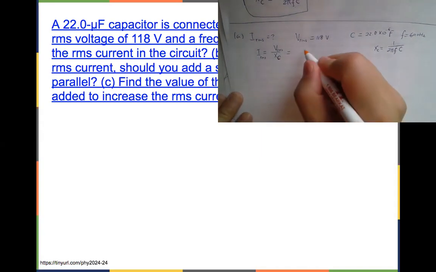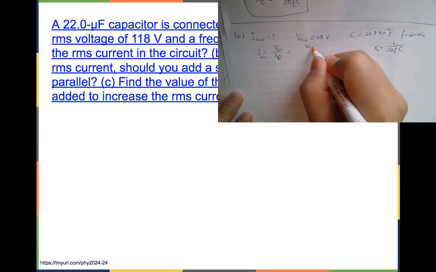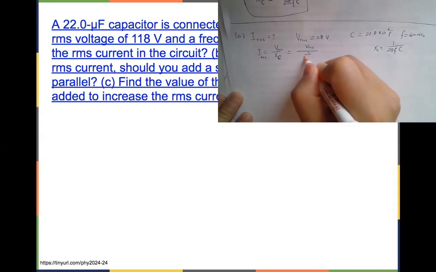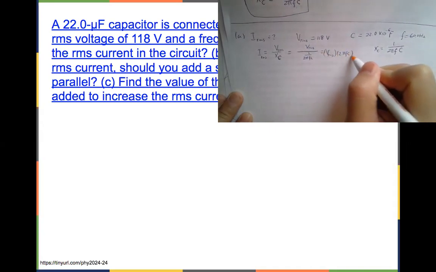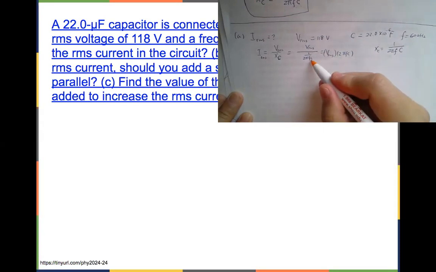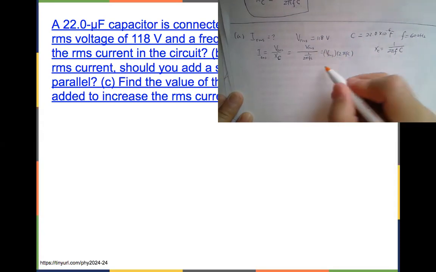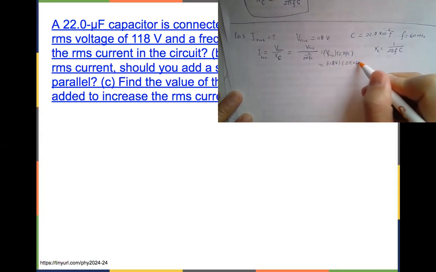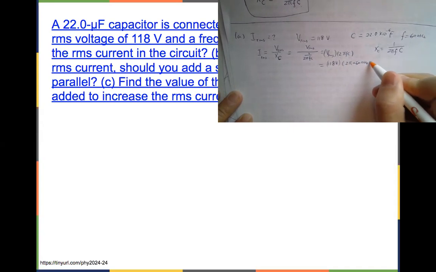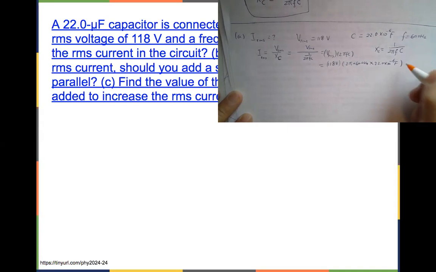So then this is V RMS divided by 1 over 2 pi FC. So then it becomes V RMS multiplied by 2 pi FC, because the denominator becomes the numerator. So this is 118 volts multiplied by 2 pi times frequency, times 22.0 times 10 to the minus 6 farad.